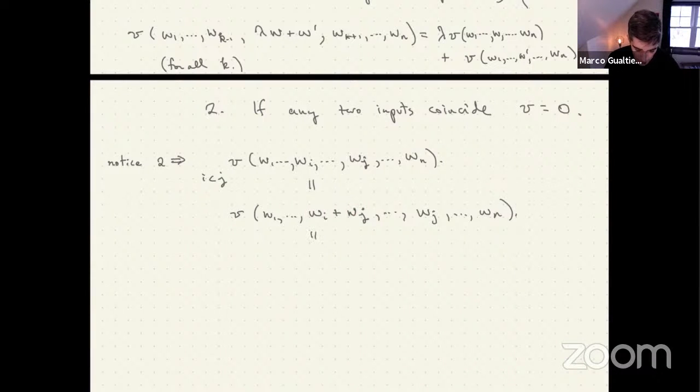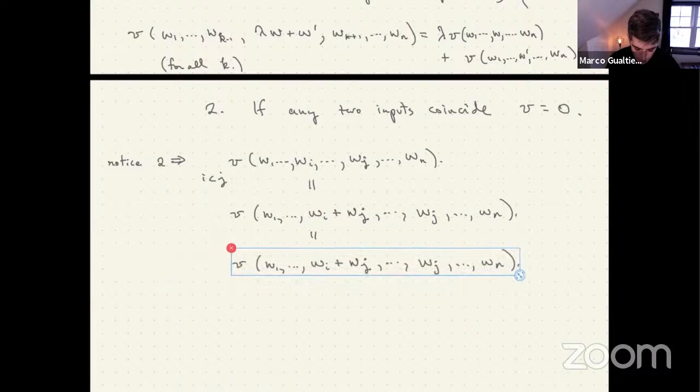And this is equal to the same thing, but now I'm going to try to do the same trick. I'm going to add Wi, up to Wn.